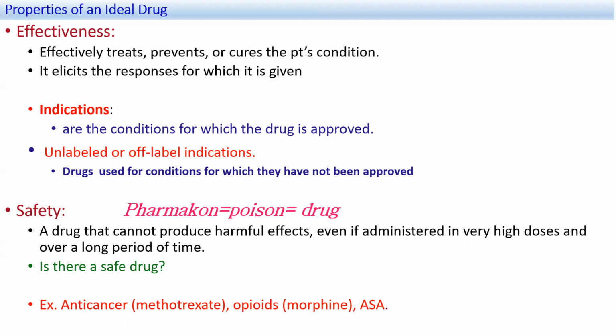The adverse effects can be reduced by proper drug selection and proper dosing. That's why we say there is no perfect drug, because there will always be some side effect, adverse effect or adverse reaction.